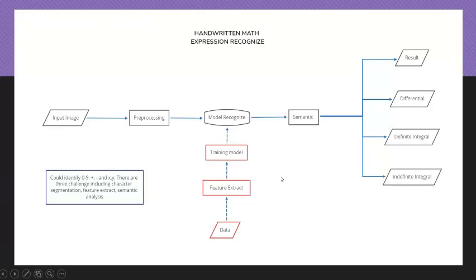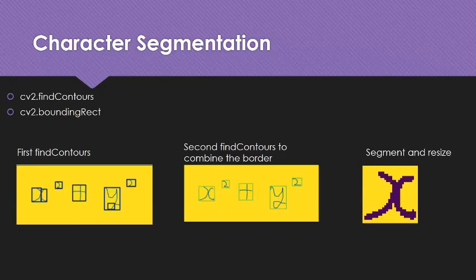Now, let me introduce the segmentation process in detail. The segmentation includes two main steps, which are detecting the groups and resizing them. For detecting the groups, I use the cv2.findContours function to find the contours of each character. Then I use the cv2.boundingRect function to convert them into rectangles for simpler separation of the image. But you can see here, there are many unneeded rectangles.